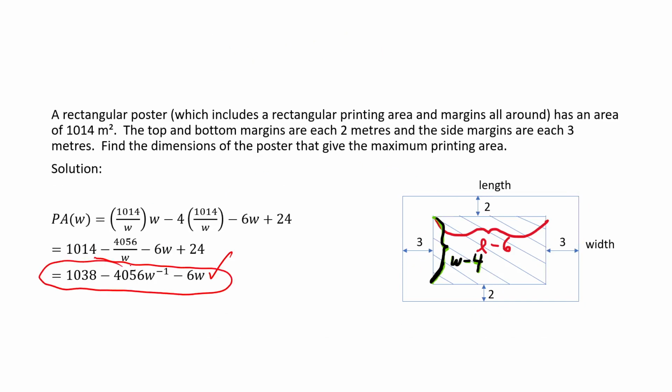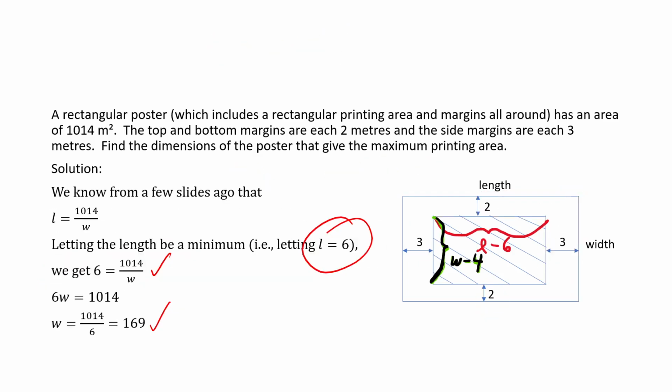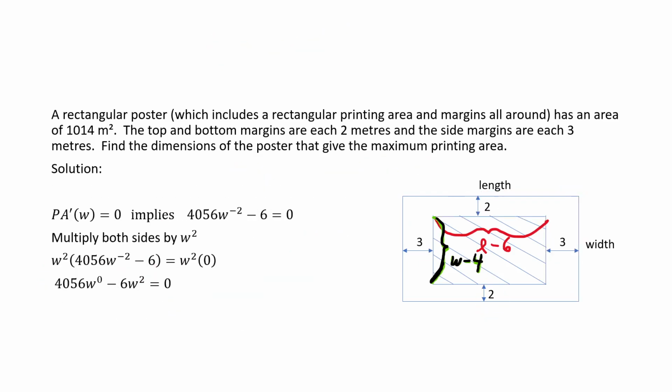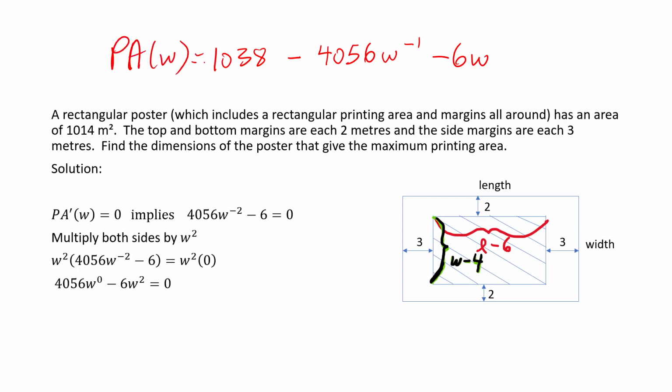Okay, so now going back a few slides, recall that our formula for printing area as a function of W is 1,038 minus 4,056 W to the negative 1 minus 6W. That was our formula for printing area as a function of W. If we determine the derivative of that, we ultimately get 4,056 W to the negative 2 minus 6.